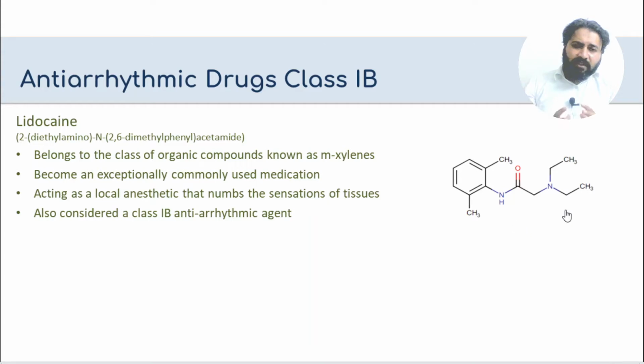It was actually introduced as a local anesthetic, and is given intravenously as a standard agent for the suppression of arrhythmias associated with acute myocardial infarction and cardiac surgery, because it has local anesthetic properties. This drug is the drug of choice for the parenteral treatment of premature ventricular contraction.